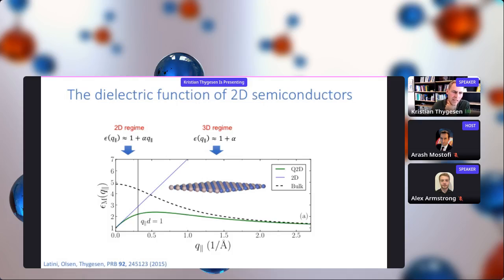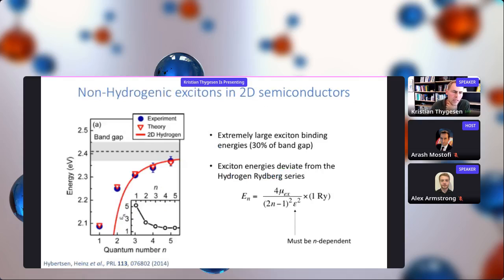So this defines the static dielectric constant of the material. This doesn't work in 2D. You see a sharp increase of the dielectric function here for small q vectors. And that gives a completely different dielectric screening in the material. That is the origin of this deviation of the two-dimensional Rydberg series from the hydrogen model.